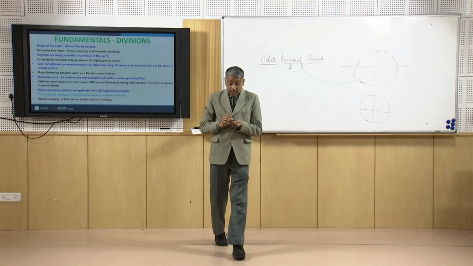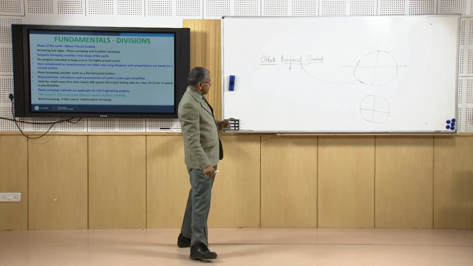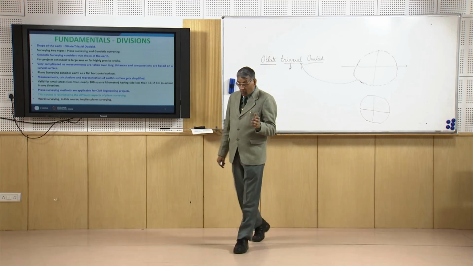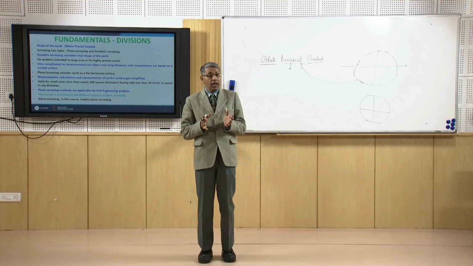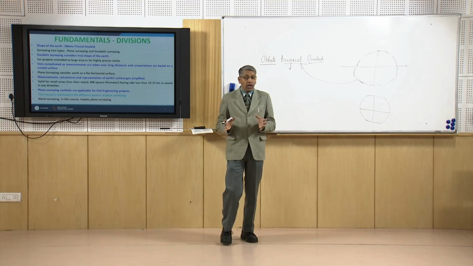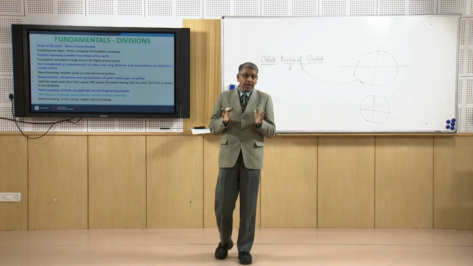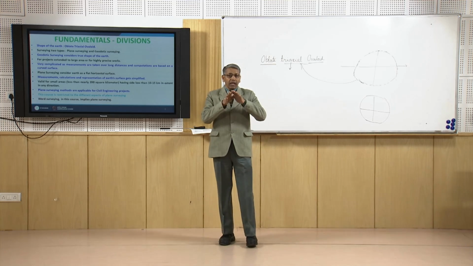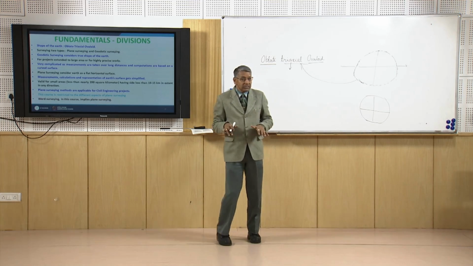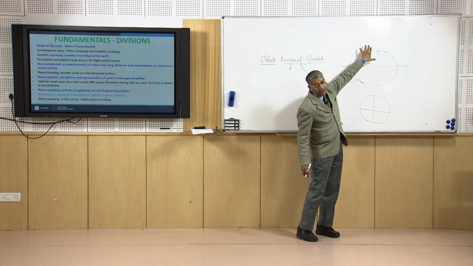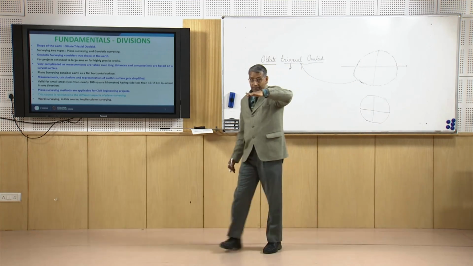So now, why am I discussing this? Because ultimately we need to have a map of the area for which we will be carrying out the surveying, and the map is on a plain paper. So we have to represent a curved surface on a plain paper.